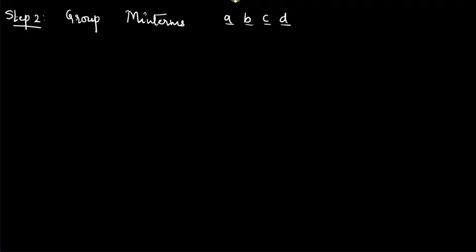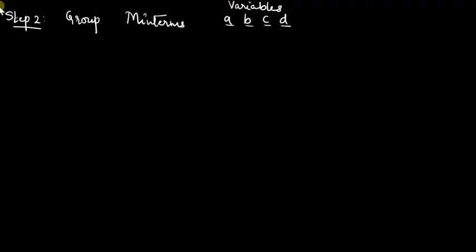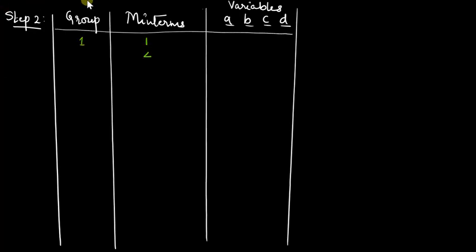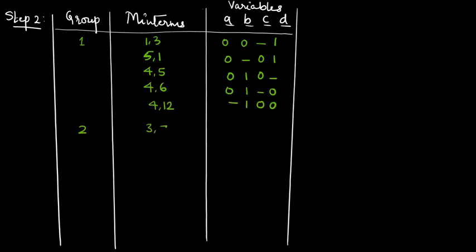In step 2, we further simplify the groups. Group 1 has the minterms 1, 3 with the variables 0, 0, dash, 1; then 1, 5 with 0, dash, 0, 1; then 4, 5 with 0, 1, 0, dash; and so on.